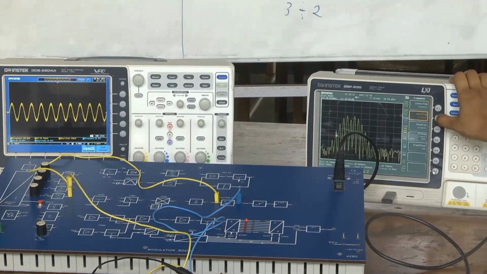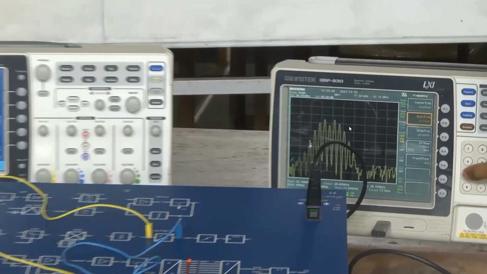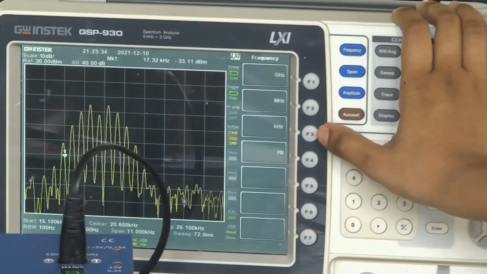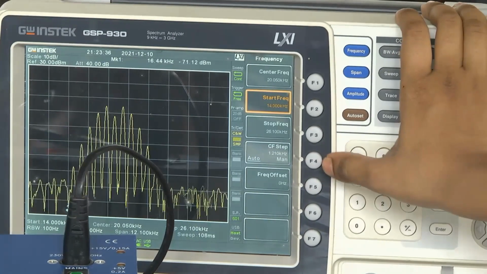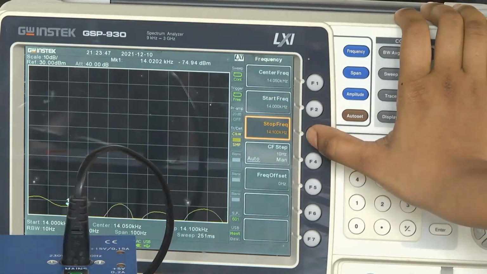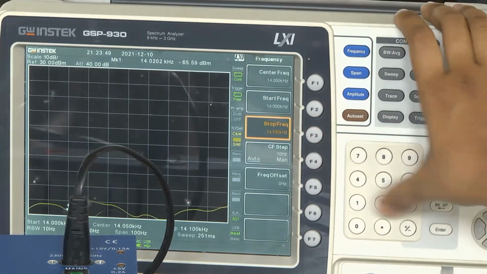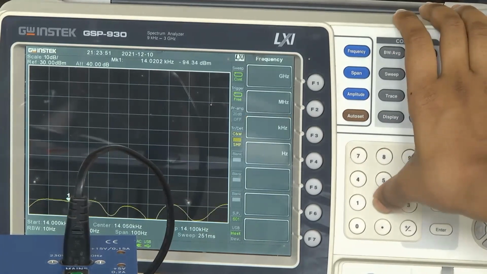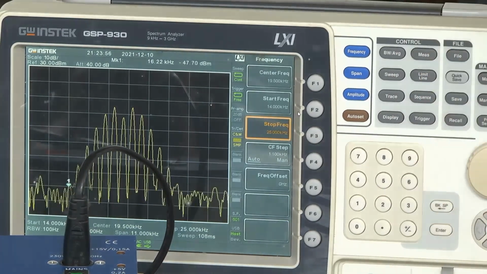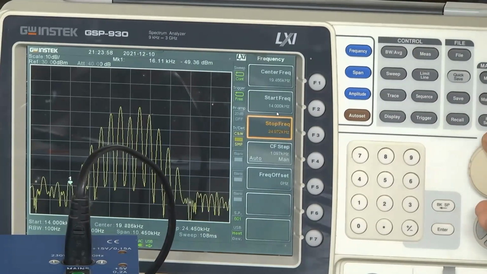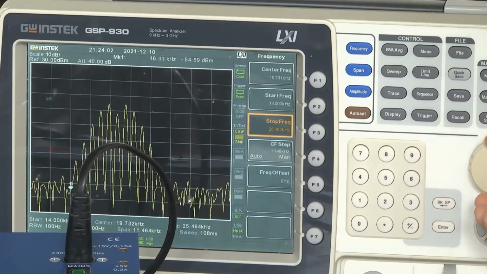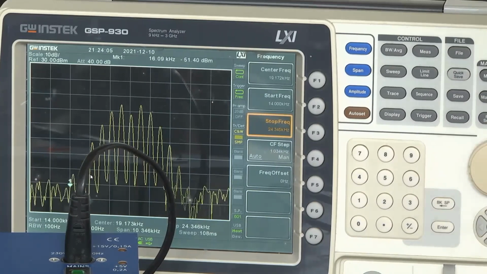Then this is the spectrum for the output signal, the frequency spectrum. You are already familiar with the spectrum analyzer, because for the previous practical, I think you used the spectrum analyzer. So for a clear picture of the spectrum, I am changing the start and stop frequencies, so without more noise, we can see the spectrum.